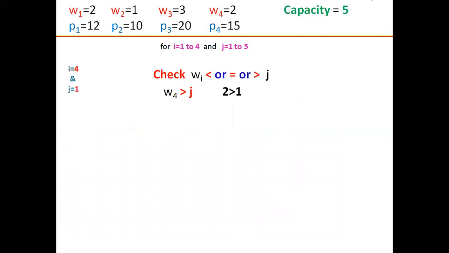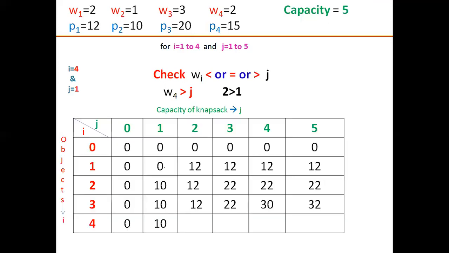So W4 capacity 1. W4 is 2, capacity is 1, weight is again greater than capacity. So I can't add that object. So my profit will be same as my previous profit.